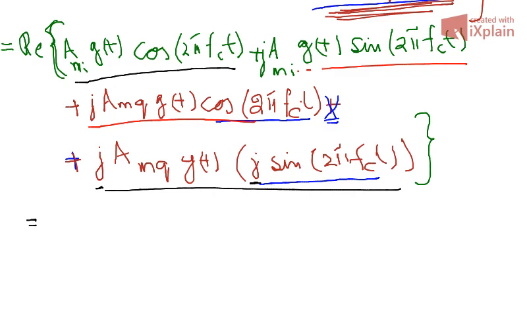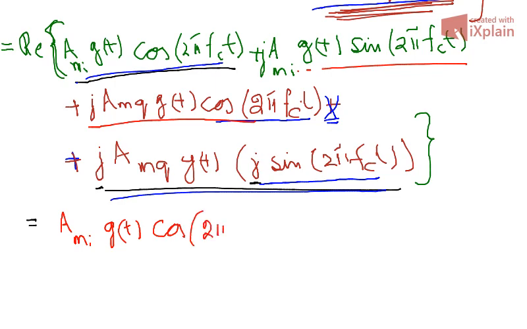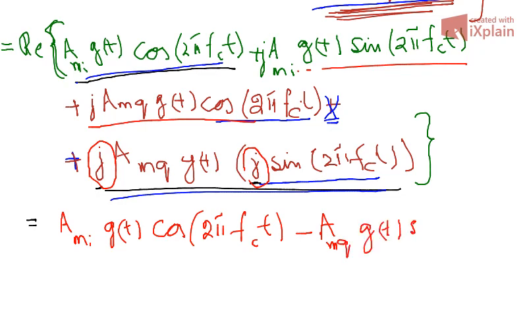So actually our signal is now from this part and this last part. So our real signal looks like this. Our real signal is AMI g of t cos of 2 pi f c t, minus, due to this j and this j square, minus AMQ g of t and sine of 2 pi f c t.